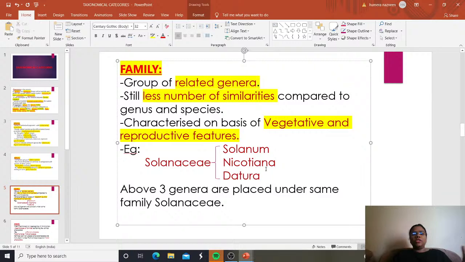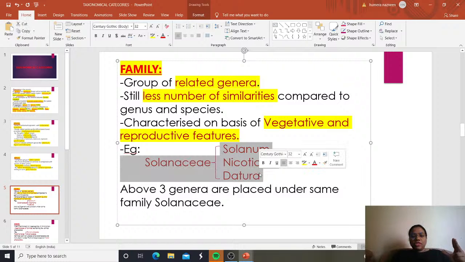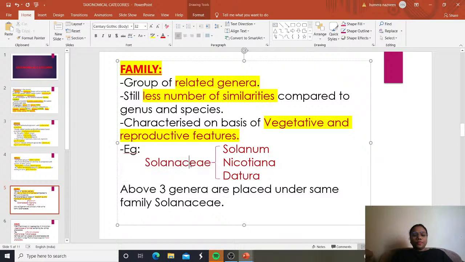Solanum is different, Nicotiana is different, and Datura is different. But all these three belong to the same family Solanaceae. They come under the same family Solanaceae. Clear? Family, that is group of related genera.